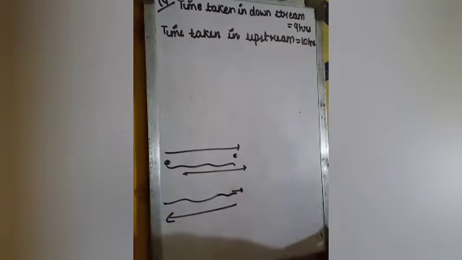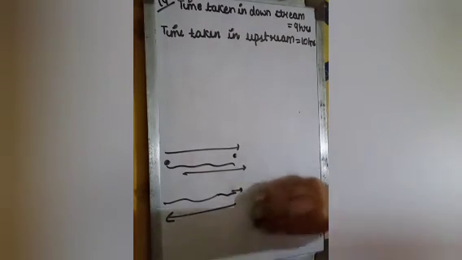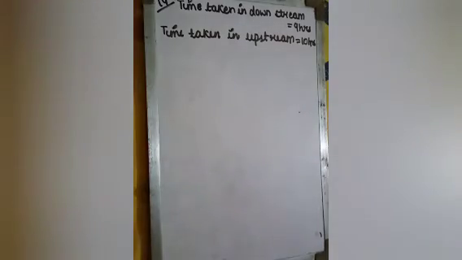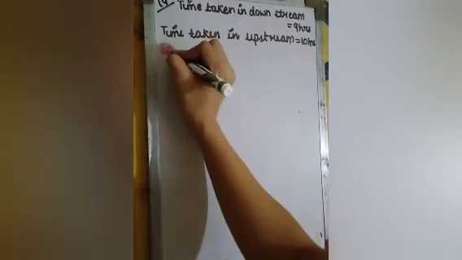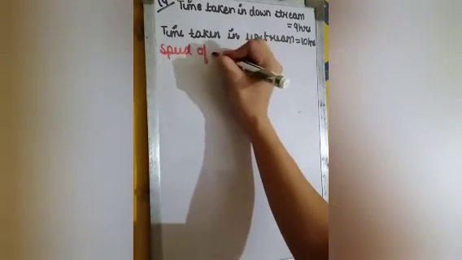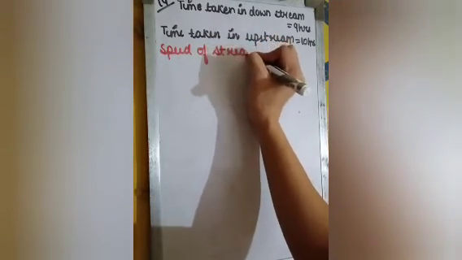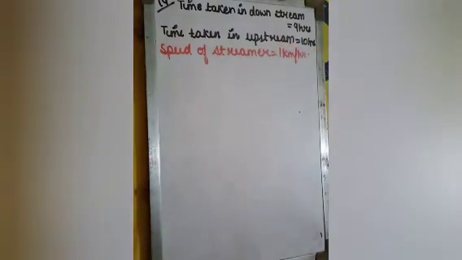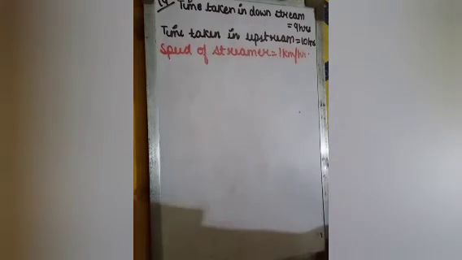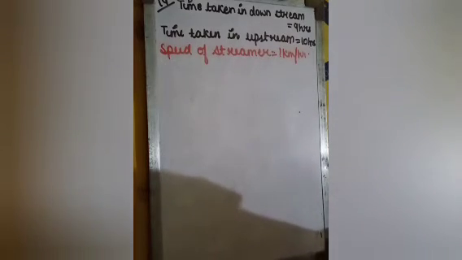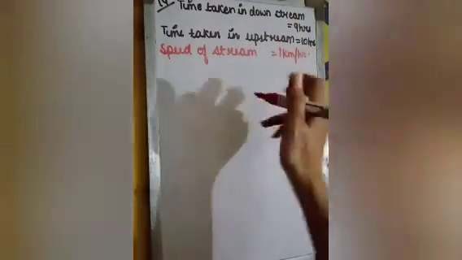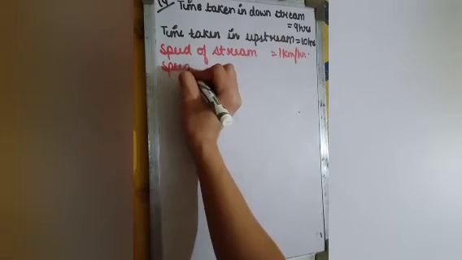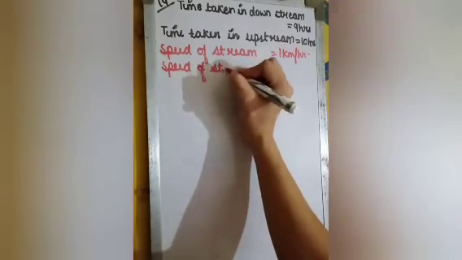Now they are saying the speed of the stream is 1 kilometer per hour, that is, river की जो स्पीड है वो इतनी है, and speed of the steamer, जो स्ट्रीमर है उसकी स्पीड हम मानते हैं x.